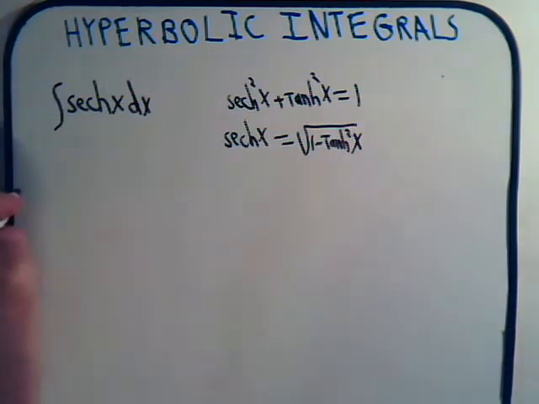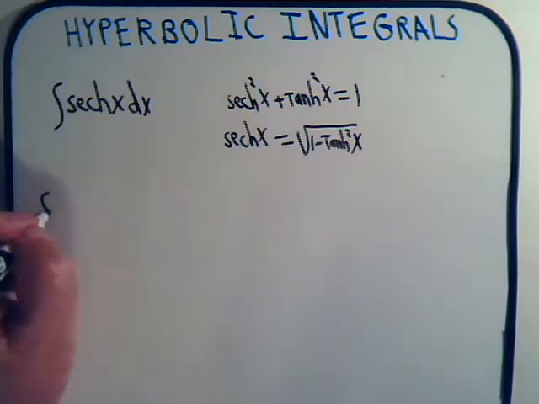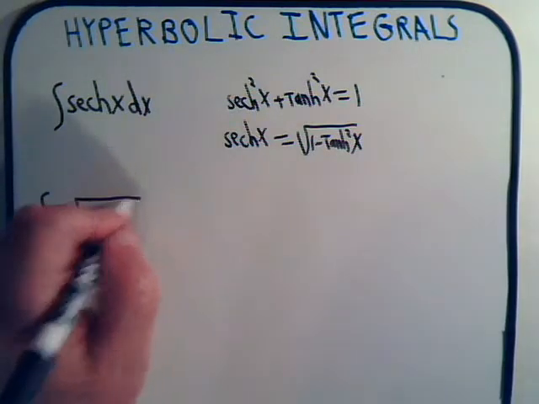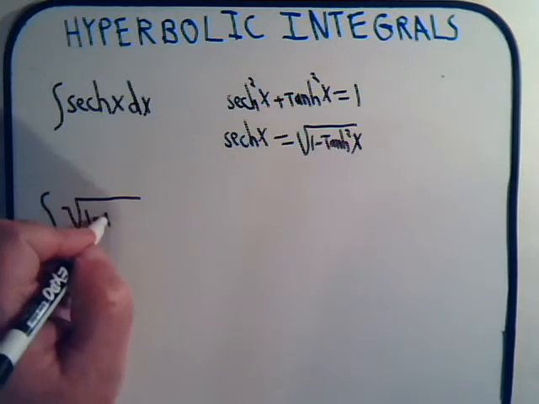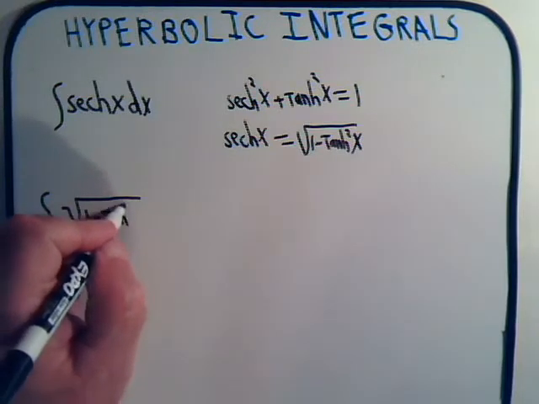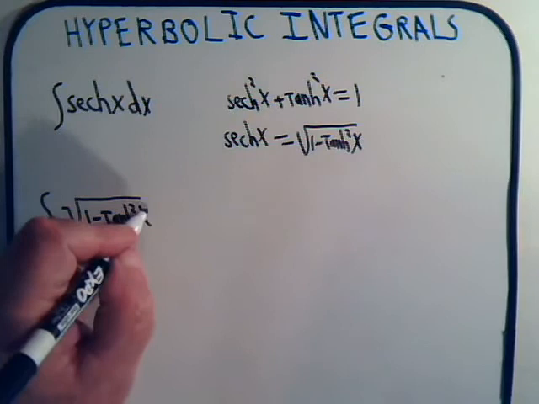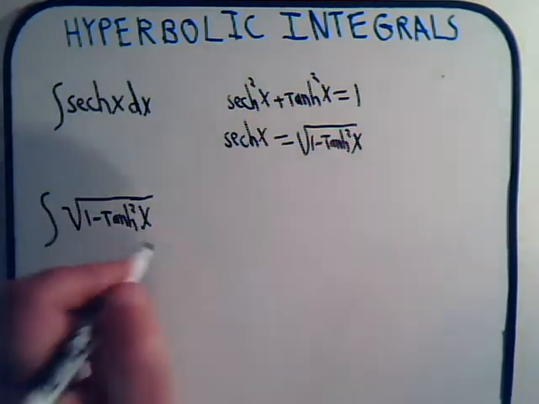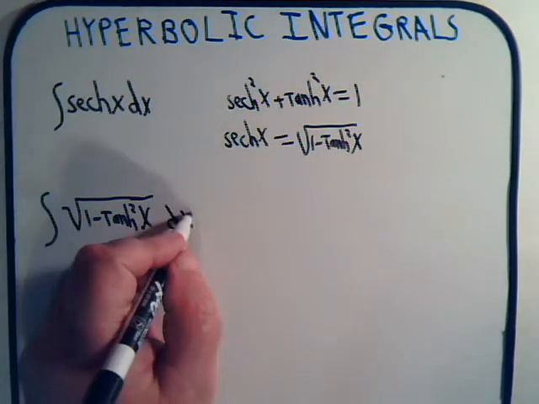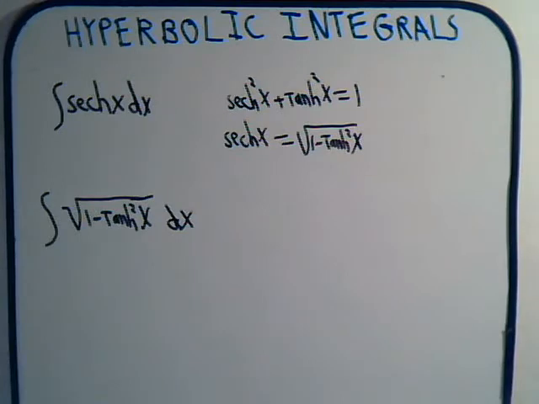This integral is equal to the integral of the square root of 1 minus the hyperbolic tangent squared of x dx.